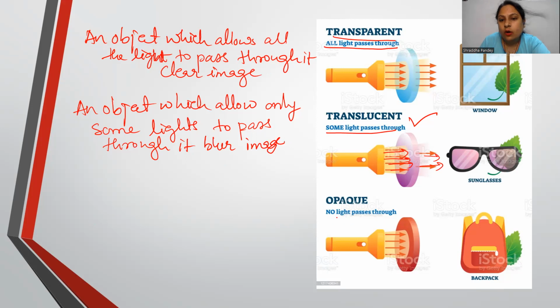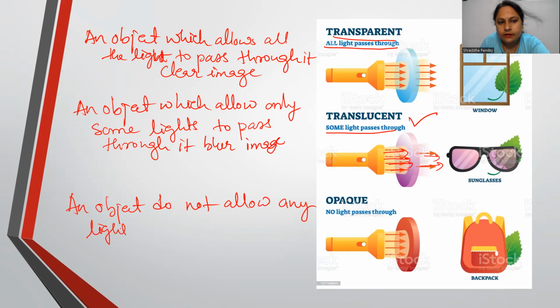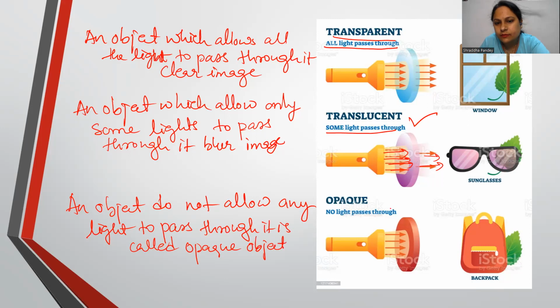Now, opaque objects. An object which does not allow any light to pass through it is called an opaque object.